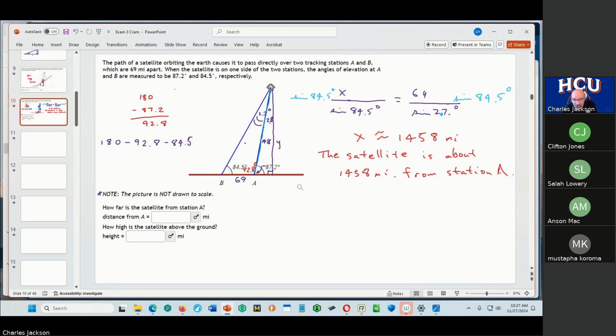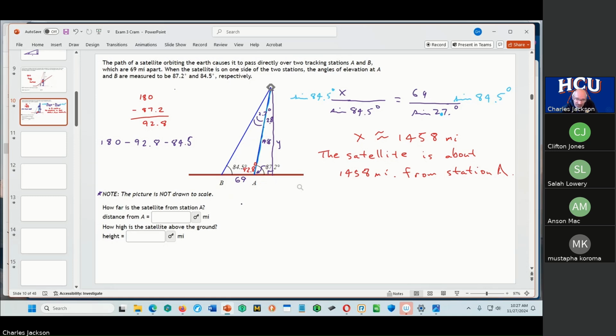So we know the measures of all three angles. We don't know the length of the side on the bottom, but we do know the length of the hypotenuse of this right triangle. So it's a right triangle. So actually we could SOHCAHTOA it to get Y.